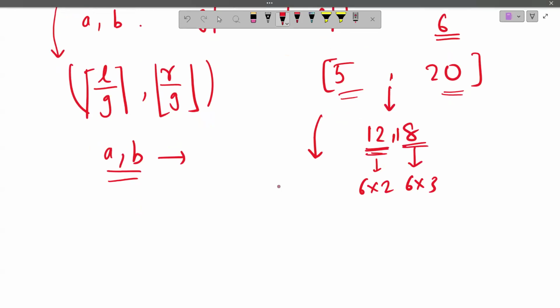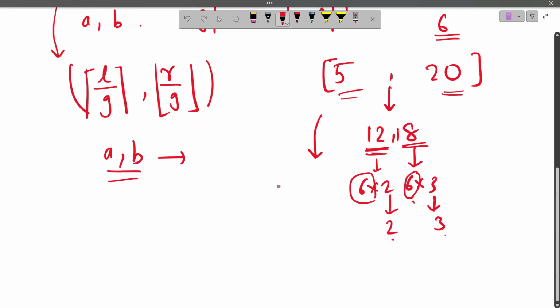If I want the GCD of these two values to be 6, then when I divide them by 6, the remaining numbers 2 and 3 must be co-prime, right? They cannot have a common factor. Because if they had a common factor even after dividing by G, then that common factor would also contribute to the GCD, and the GCD would not remain G, right?